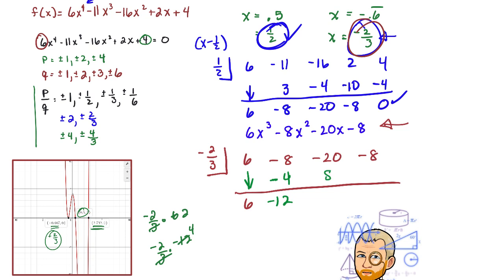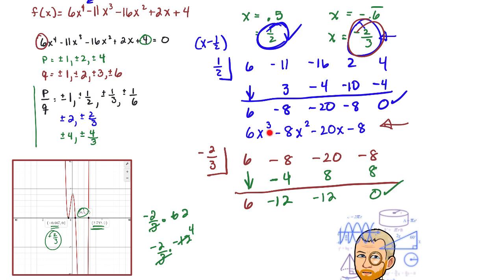Ooh, that's a -4. That'll be a +8. That gives me -12. And I've already done -2/3 times -12. That's +8. And again, I better get a 0. Otherwise, it's not a solution. And now I've depressed the equation again. So the first division took it from an x to the 4th, depressed it to an x cubed.